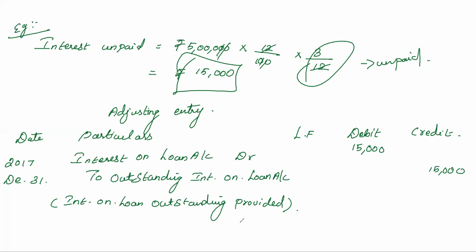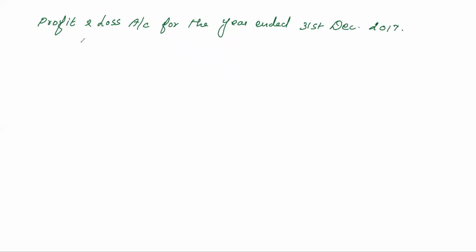So இப்போ நமக்கு profit and loss accountல எப்படி பண்ணனும் பாருங்க. Profit and loss account for the year ended 31st December 2017. First particulars, amount, then particulars, amount.